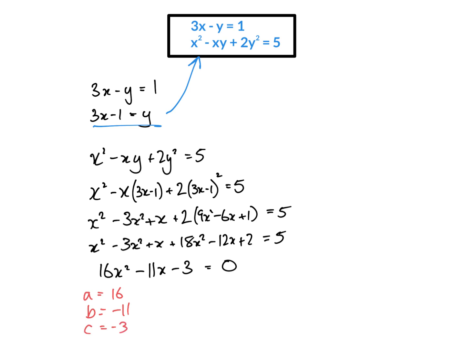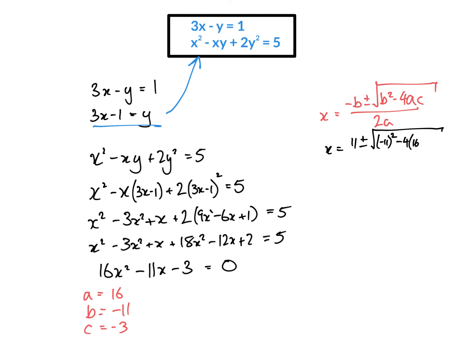So let's plug that into the formula then. So x equals minus b plus or minus the square root of b squared minus 4ac, all divided by 2a. So let's plug our values in. x is equal to, well, minus 11 is just 11, plus or minus the square root. Again, if you're using your calculator, just be careful to put minus 11 in brackets. Minus 4 times 16 times negative 3.